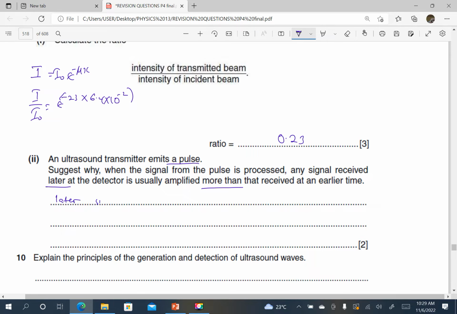Later signal has passed through a greater thickness of the medium.